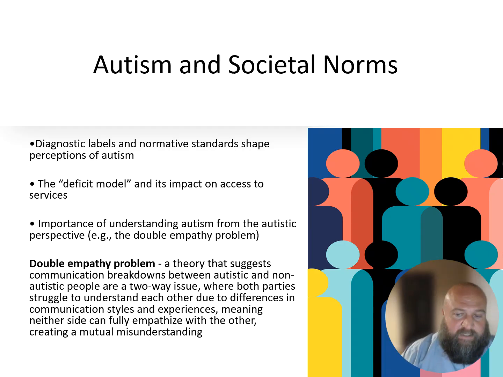One really big important term that I want you to know is this idea of double empathy problem. So this is a theory. This isn't anything that's proven. It's a social cultural theory, but it suggests that communication breakdowns between autistic and non-autistic people are a two-way issue. It's reciprocal, where both parties struggle to understand each other due to differences in communication styles and experiences, meaning neither side can fully empathize with the other, creating mutual misunderstanding.